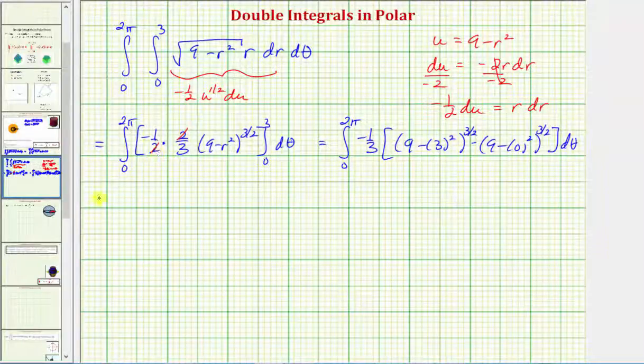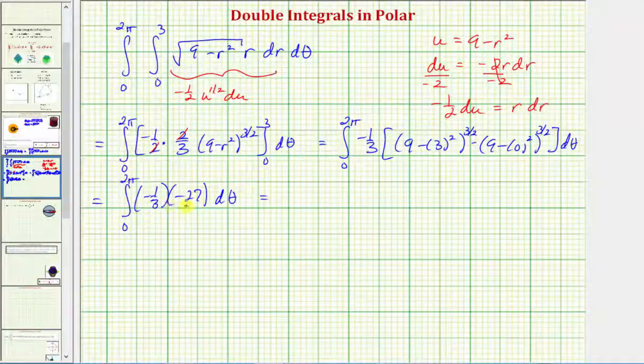Now simplifying, with a double integral from 0 to 2 pi, we have negative 1/3 times, here we're going to have 9 minus 9, which is 0 to the 3/2, which is 0, then minus 9 raised to the power of 3/2. 9 to the 3/2 is equal to 27, so we have a negative 27.